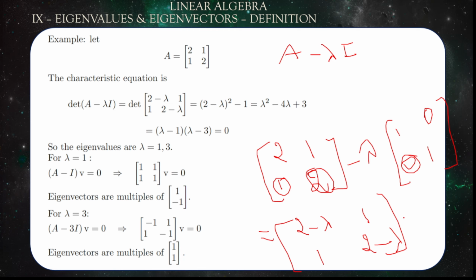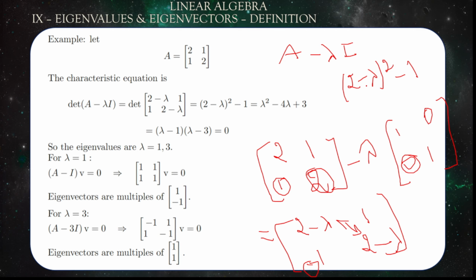Then we evaluate the determinant and get the equation that comes out of it. You have (2 minus lambda) squared, since we multiplied these two, then minus 1 times 1, which is minus 1.